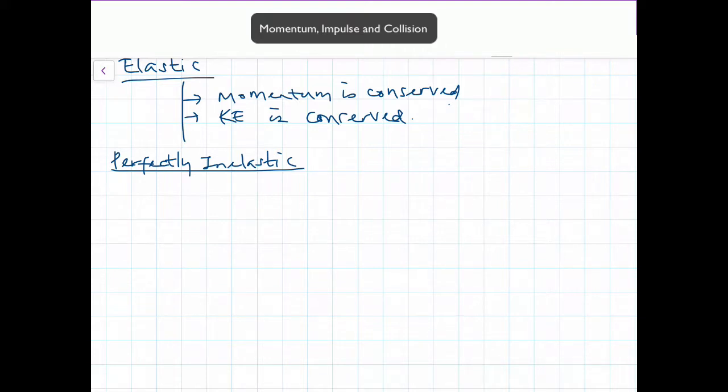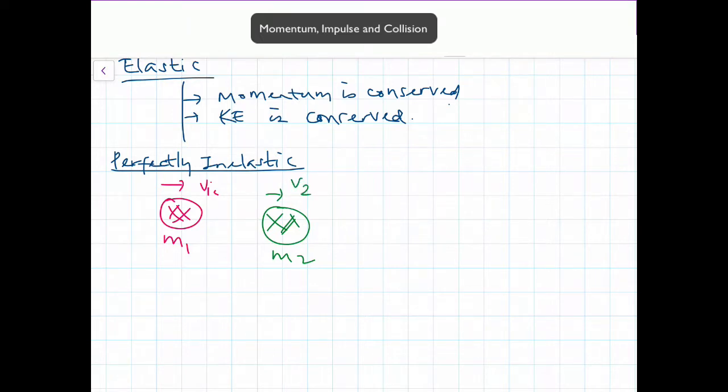As an example, in our previous case, let's say you have object 1 with initial velocity, and then you have object 2, maybe standing, with mass 2, which has v2 initial.